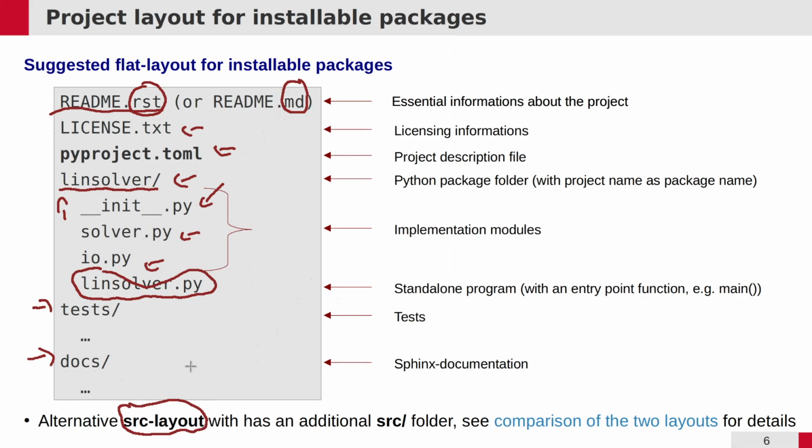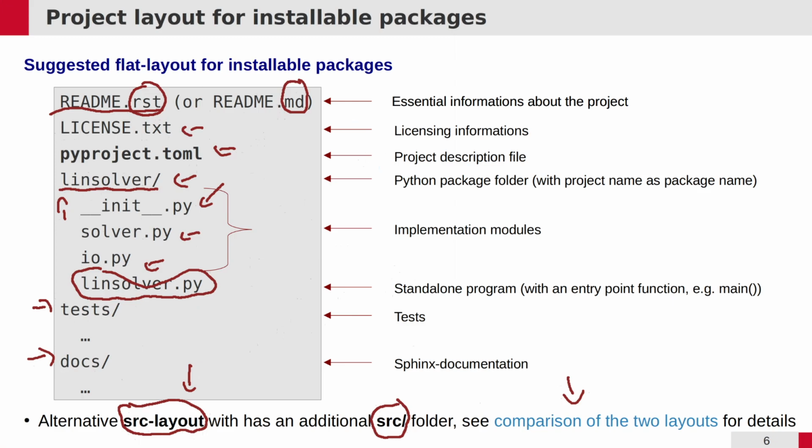However, it's a little bit more robust layout. So if you are really serious about packaging and Python project management, you should just look up these links which compare the two layouts and tell the pros and cons. And you should consider maybe using the SRC layout, but that needs a few more tweaks for external tools like pylint and pytest sometimes, and therefore I'm not dealing with that here in this video.